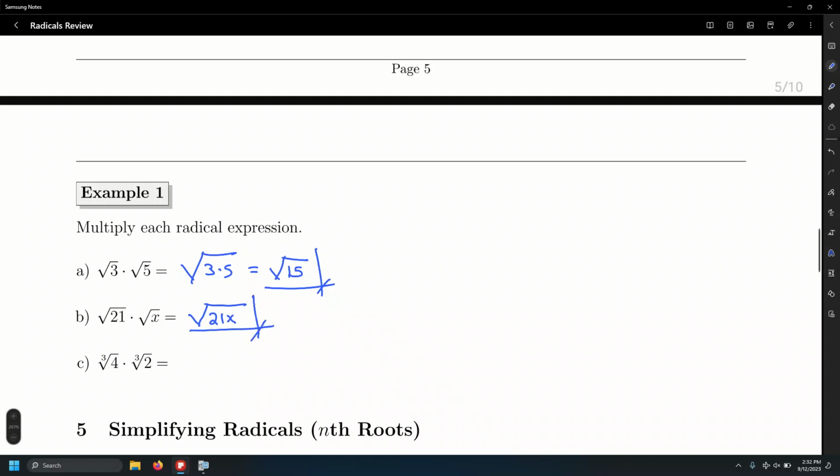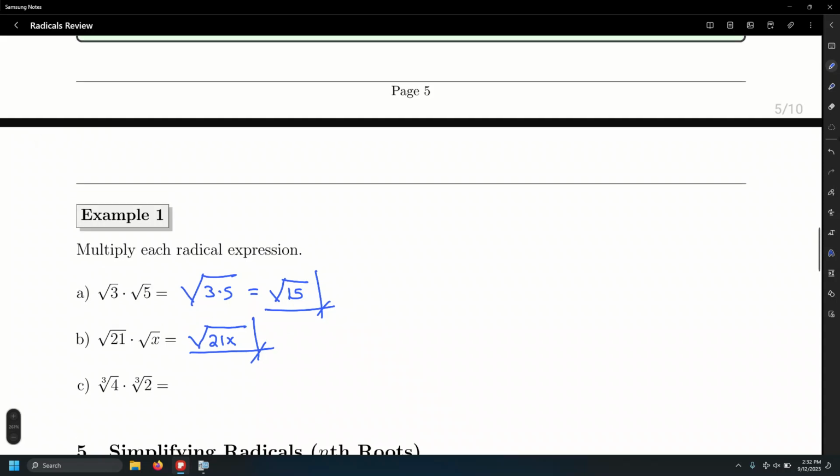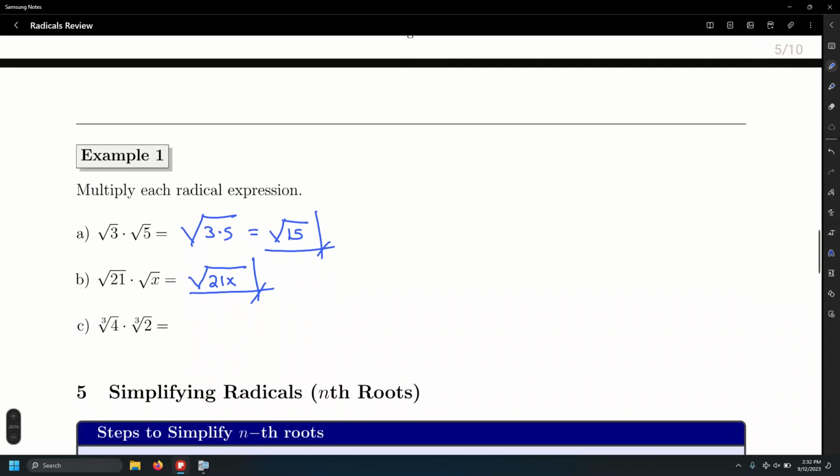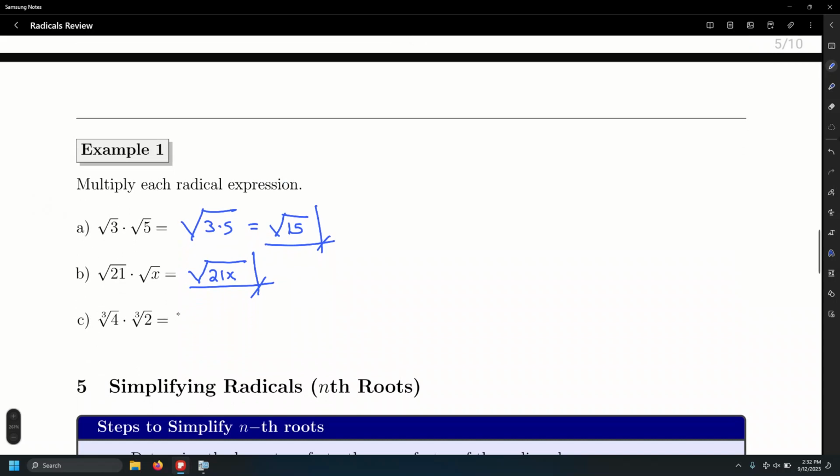This idea of radicals is going to work for pretty much your favorite index, whether this is a square root, cube root, fourth root, etc. In this case, the product of two cube roots is going to be the cube root of the product of the numbers, 4 times 2. And 4 times 2 equals 8.